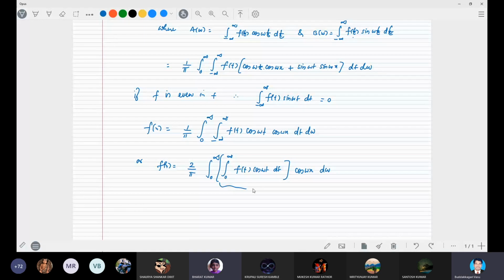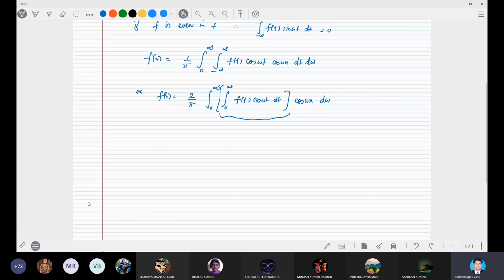This part we call the Fourier cosine transform. That is, integral 0 to infinity of f(t) cos(omega t) dt, right?